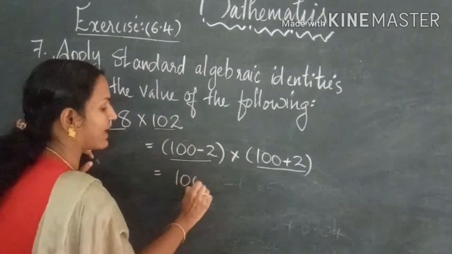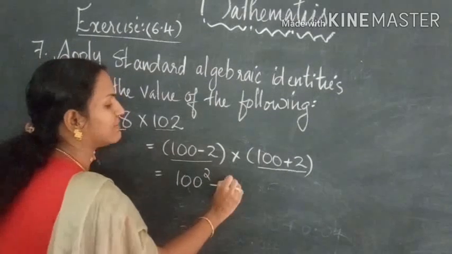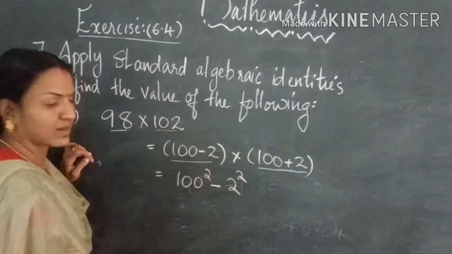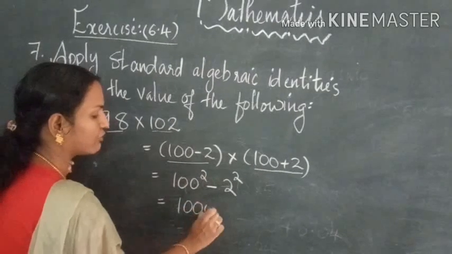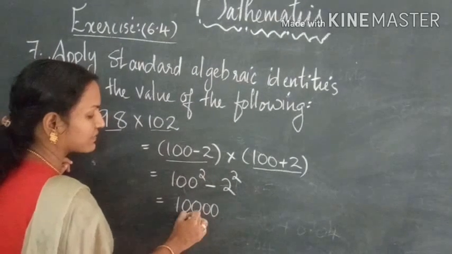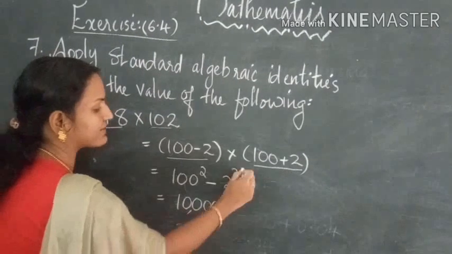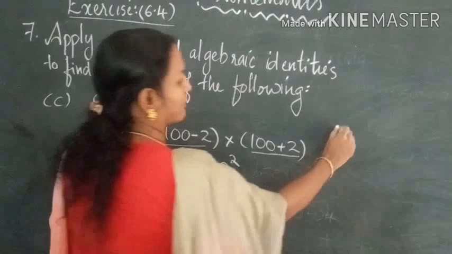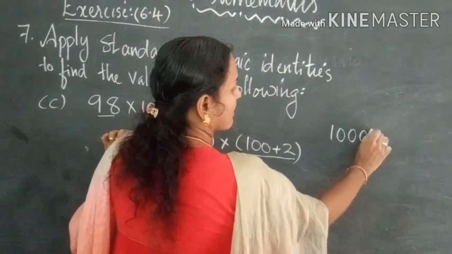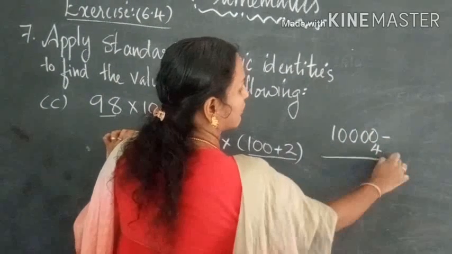So a square, 100 square, minus b square, 2 square. 100 square is 100 into 100, so 4 zeros: 10,000 minus 2 square, which is 4. So 10,000 minus 4.